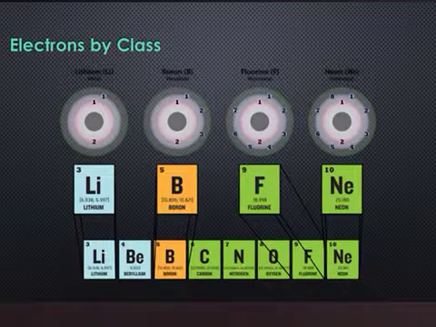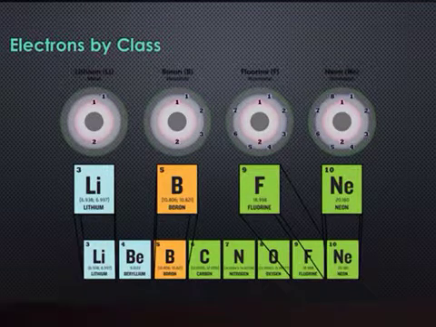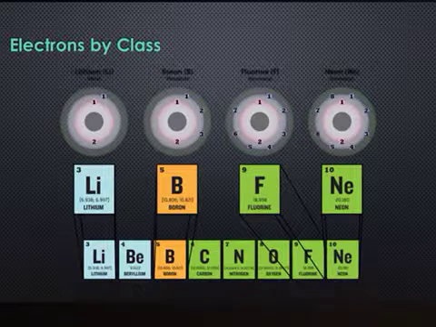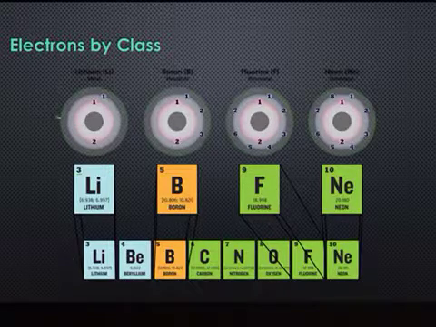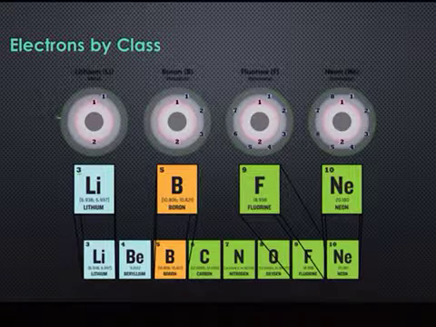And so here kind of shows you this electron filling. So lithium has 3 electrons, not valence electrons, just total electrons. And so this pink ring is indicating the first energy level. This purple ring is indicating the second energy level. And then the green ring here indicates the third energy level.